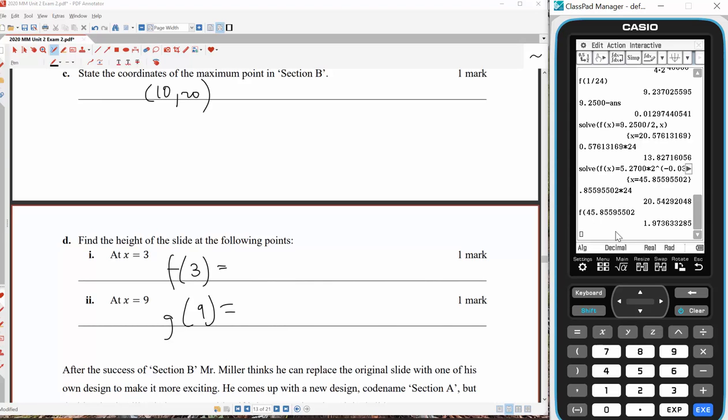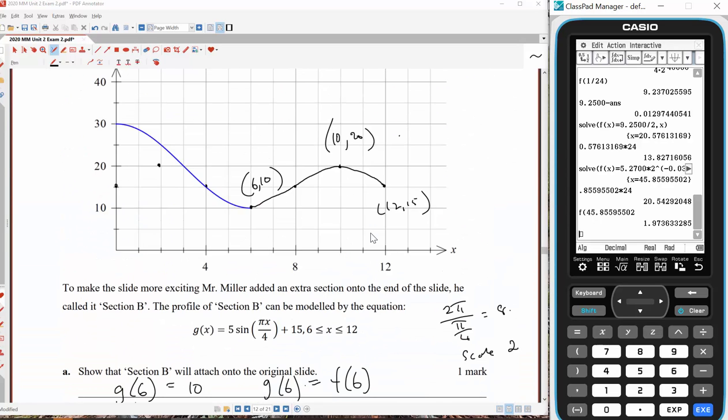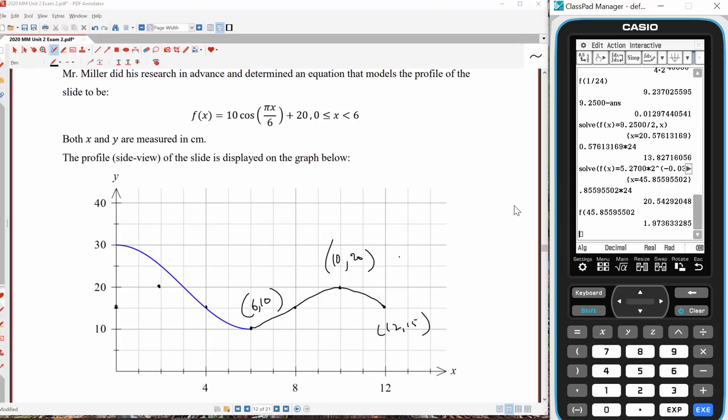So we'll just go x is, what was it, 3 times 3 all over 6 plus 20. It's just 20. Oh, yeah, okay. Probably didn't need to type that into the calculator.